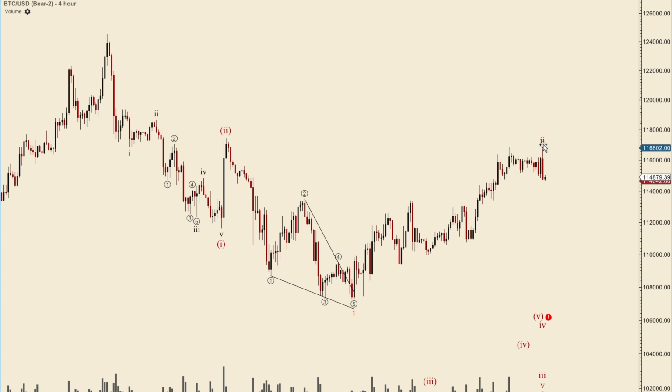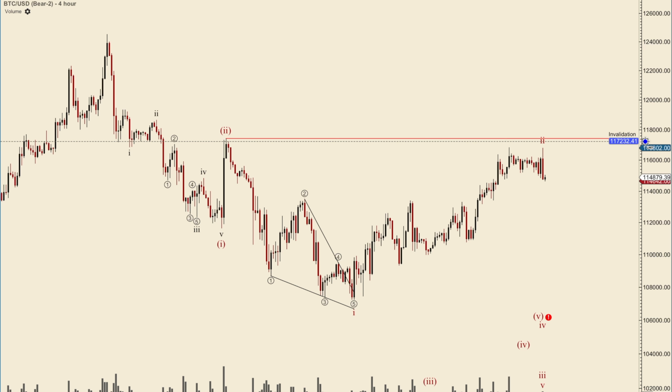And as I said, we hit 886, so that's not probable that it is a wave 2. But stranger things have happened, so we need to be aware of it. But if we are taking out this high, then basically the bears don't have any options left. So we'll just have to wait and see.